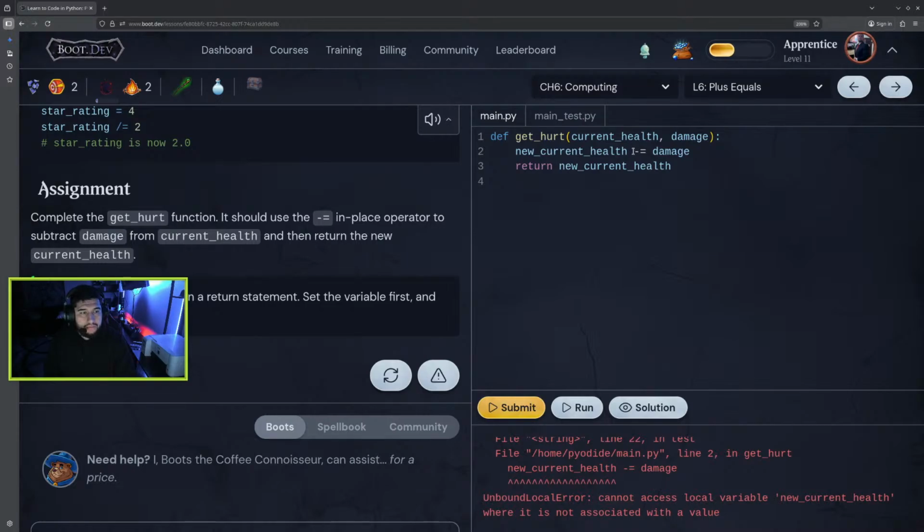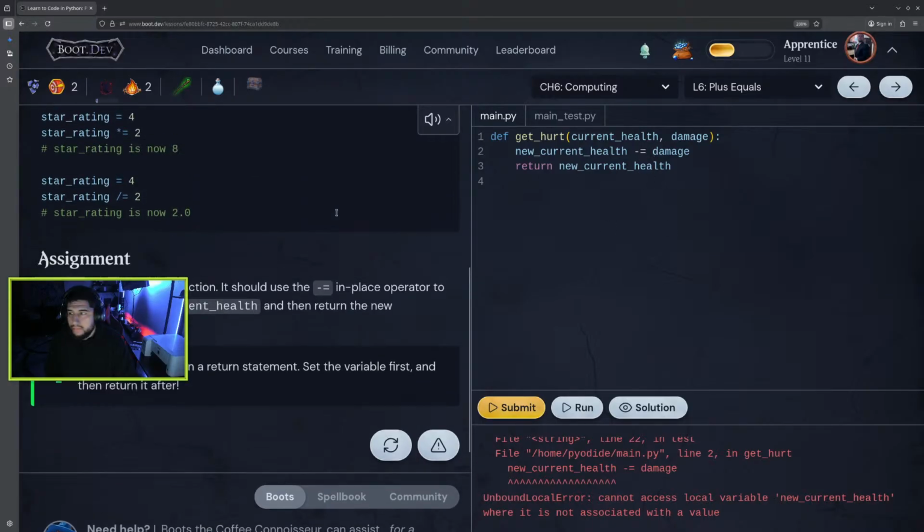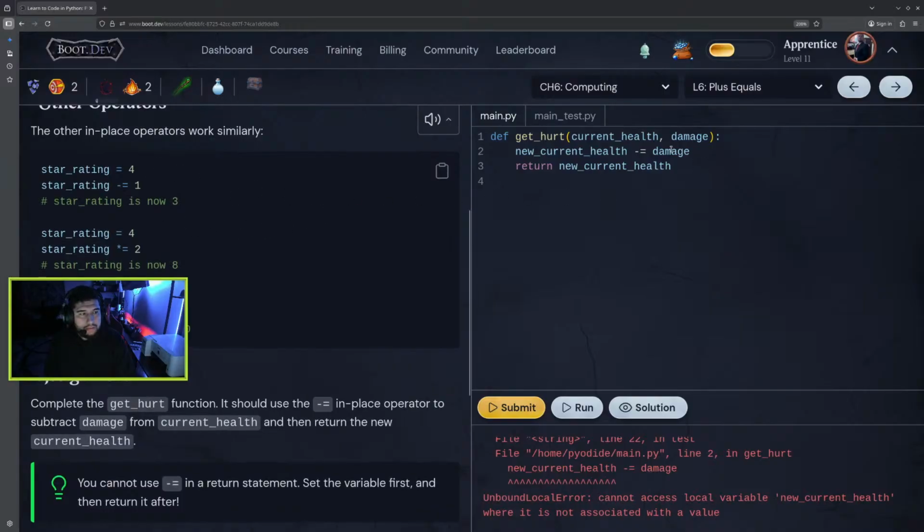So complete the getHurt function. It should use the minus equals in-place operator to subtract damage from current health. Alright, so how do I do this? Because damage is basically right here, right?